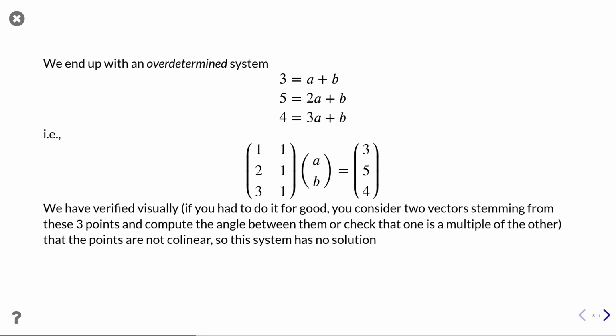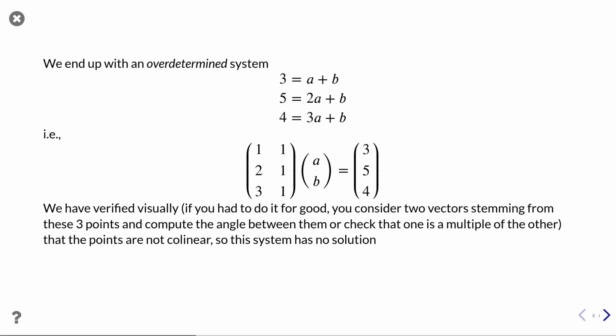Now, there's still a linear algebraic aspect to this. So we do as we did before, we write the system of equations, but now it's what we call an overdetermined system, because there is one more equation than there are variables. The unknowns are a and b, and there are 3 equations.